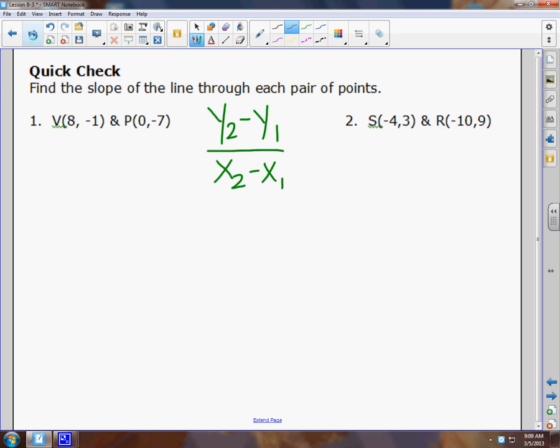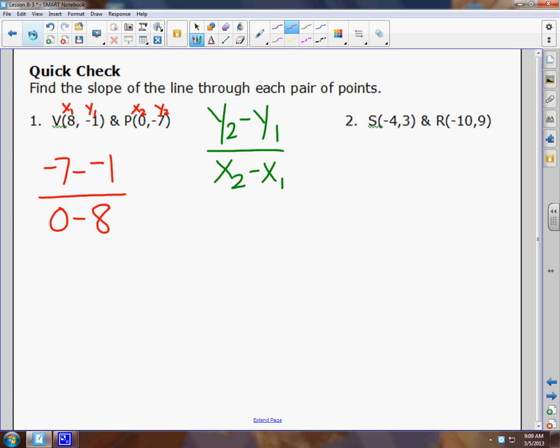Okay, so what I do first is I like to label my points. So I like to go through and say, okay, that's x1, this is y1, this is x2, this is y2. And then I plug them in. So y2 is -7 minus y1, which is -1. And then x2 is 0 minus x1 is 8.